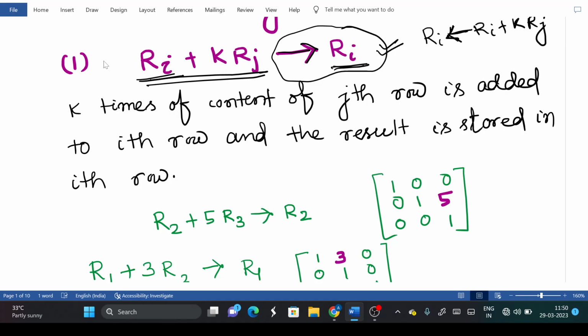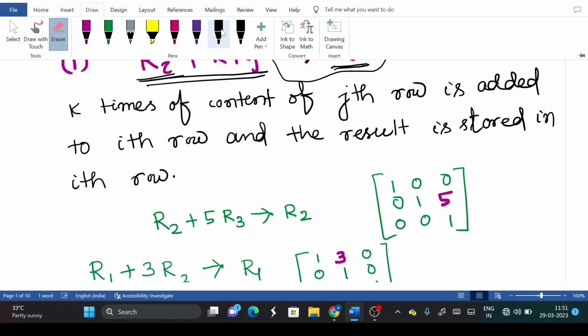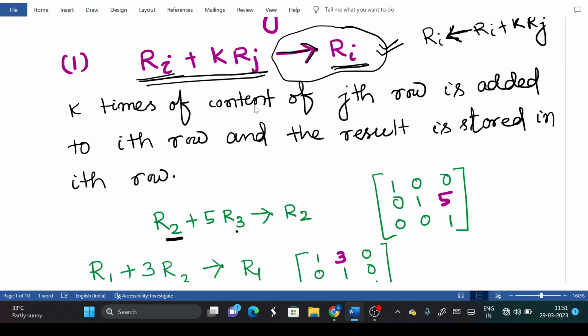The next question is how to get the corresponding elementary matrices. Observe here, this is my elementary row operation, and I am interested in finding the corresponding elementary matrix. I will write the identity matrix in which the 2 3 position element, which is a 0 here, is replaced by this 5.